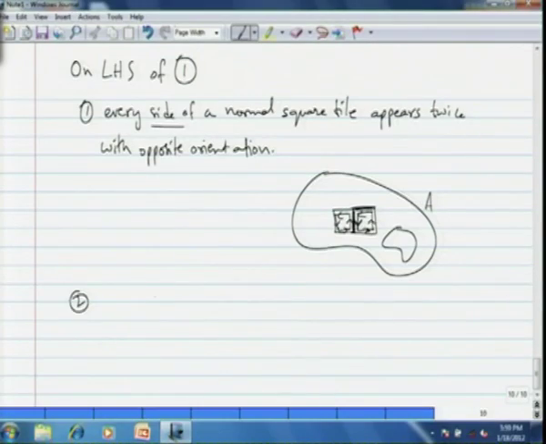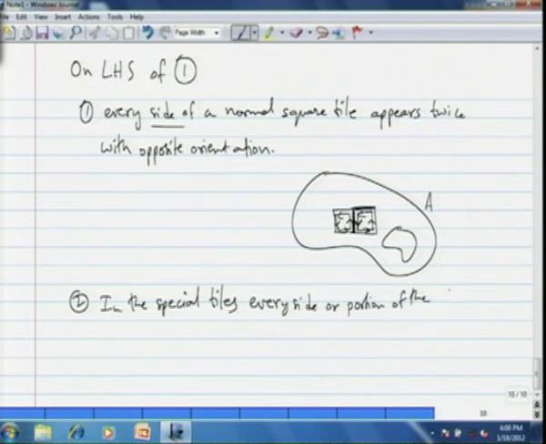The second observation is that in the special tiles, every side or portion of the side of the square tile appears twice again, with opposite orientation.